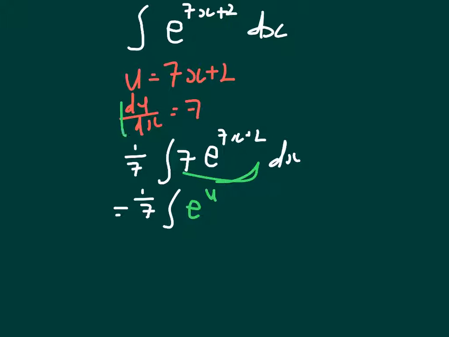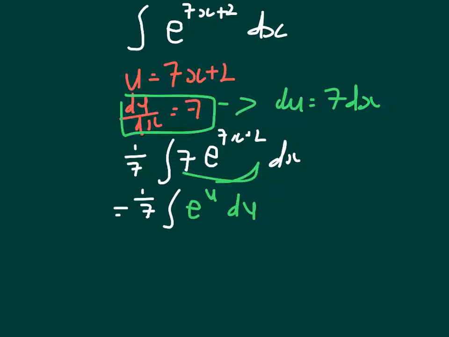Remember from this, that's the same as saying my du is 7 dx. Go back to the previous video, or the previous slides, if you forgot how to do it. So I have e to the u du. So what do I know about the integral of e to the u?